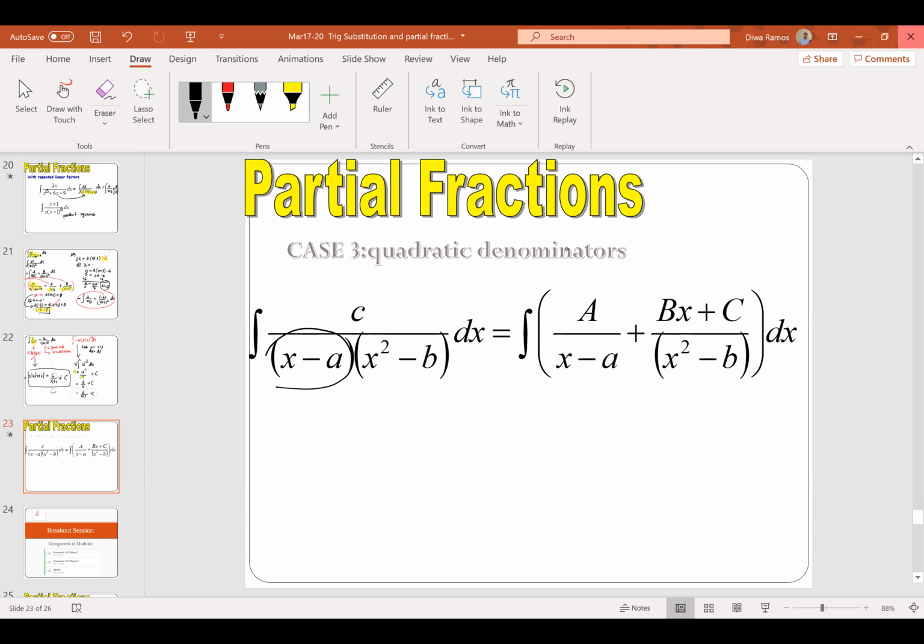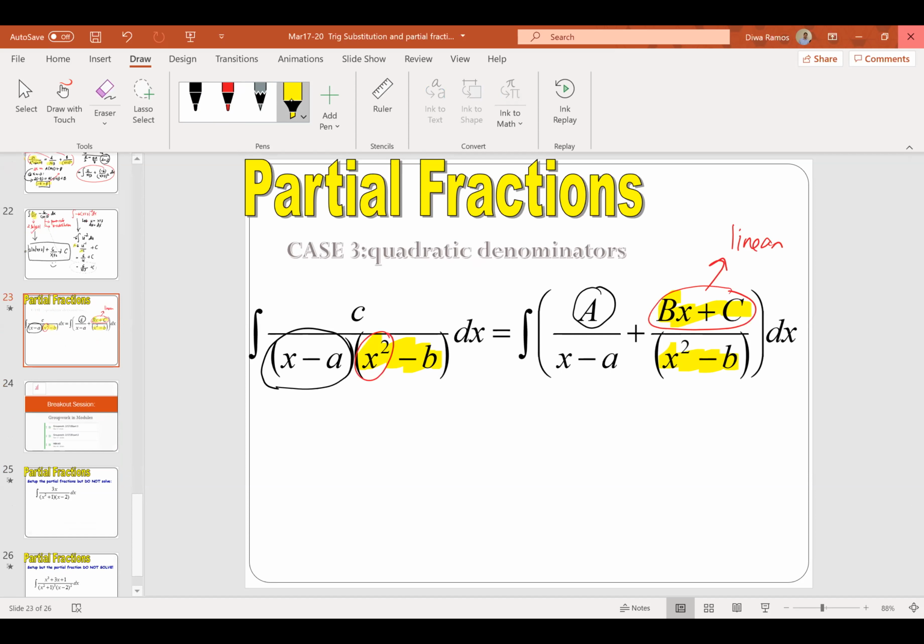And we know the linear term would have a constant in the numerator, but the quadratic term will have a linear numerator over here. Okay, so that's the difference. So if you have a quadratic denominator which is non-perfect square, it has a linear version of the numerator.